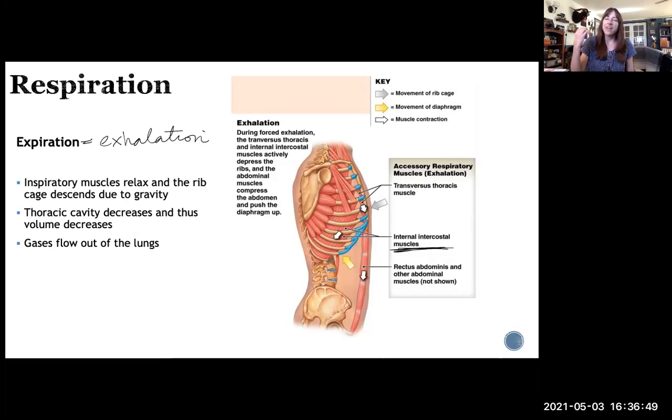So nice, relaxed, resting inhalation and exhalation mostly just uses your diaphragm.